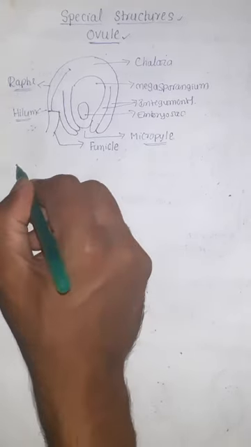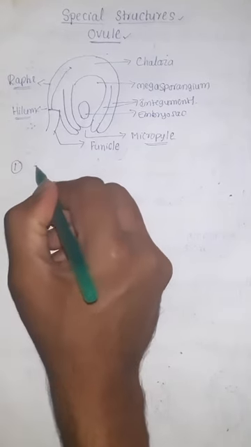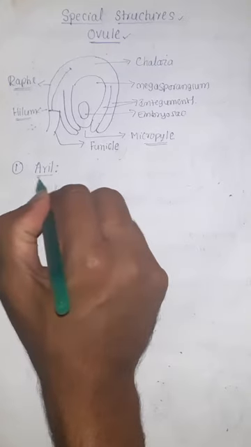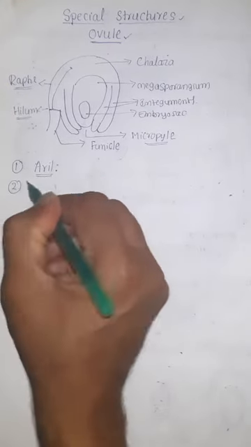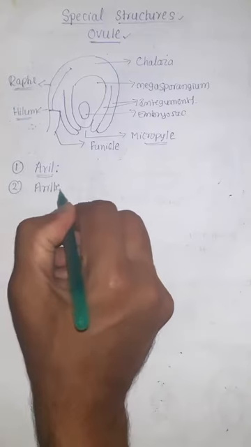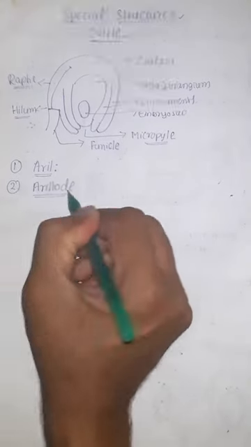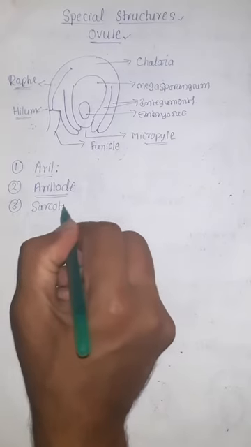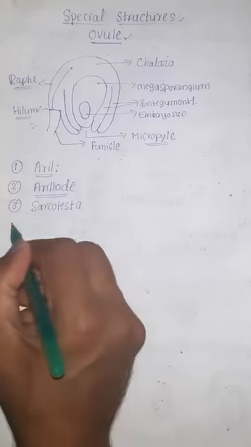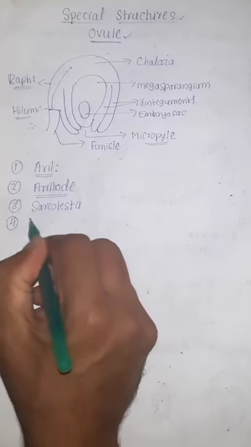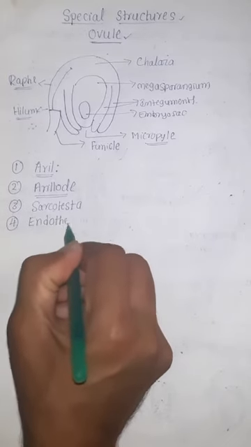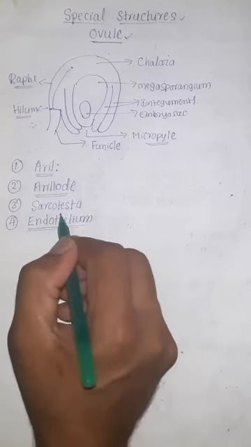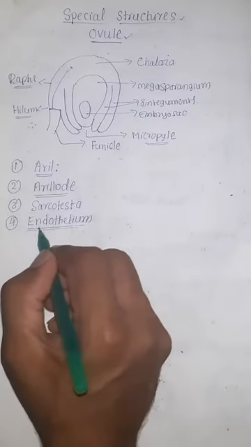Those structures are: first one is aril. Second one is arillode. Third one is sarcotesta. Fourth one is endothelium. And next, integumentary embryos.